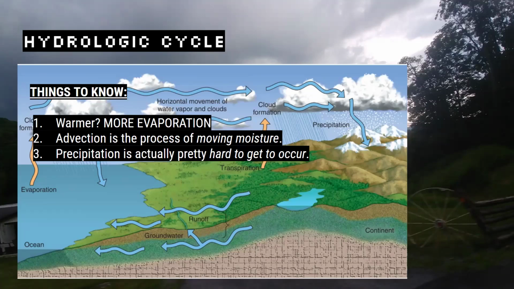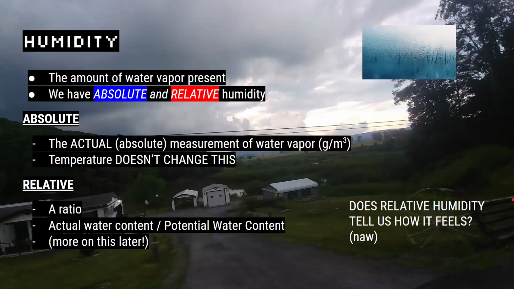We're going to talk more about precipitation in the next video, but we're actually going to talk mostly about humidity in this one. Humidity, you might just be like, whatever, humid, it feels not good. Well, humidity is very important, relating to a lot of things, and we'll figure out why.